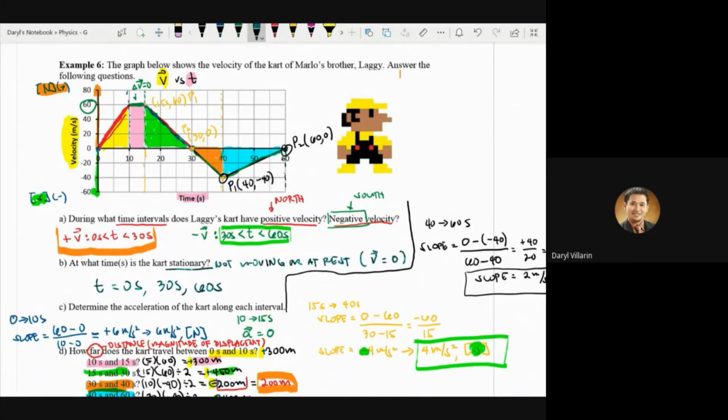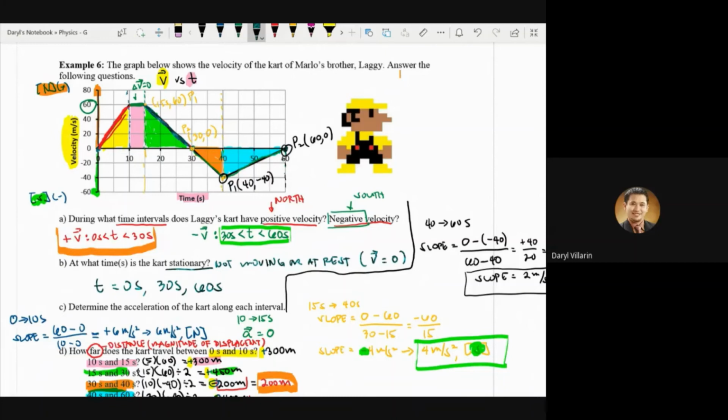What is the meaning of this graph if you place this in the position-time graph? Is it not that the object is still moving in the positive direction, because this is still positive velocity here? All of these are positive velocities, but the magnitude is decreasing, right? So from 15 to 30 seconds, the object is still moving in the positive direction.